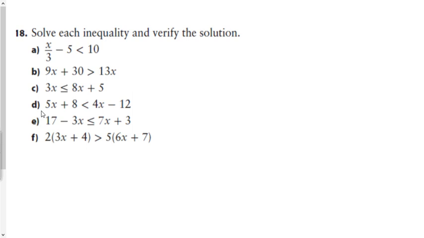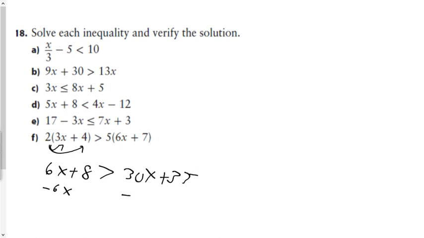And our last one involves distributive property as well as variables on both sides. Expand using distributive property. Get rid of the variable on the side with the least amount. So I'm going to subtract 6x from both sides, keep my coefficient positive. Subtract 35 from both sides. That's a weird one.